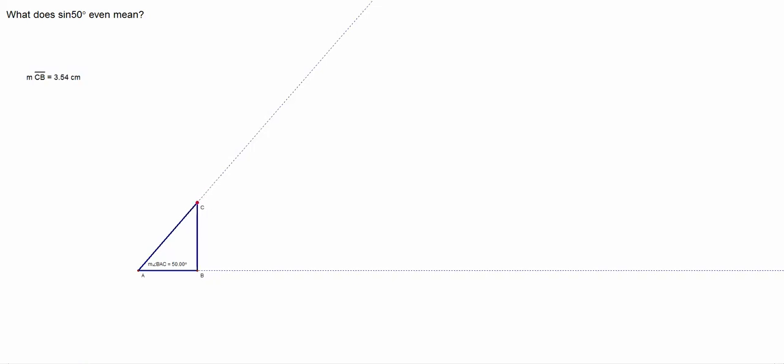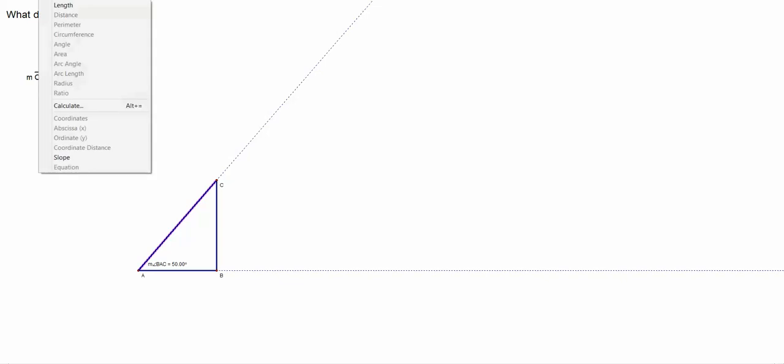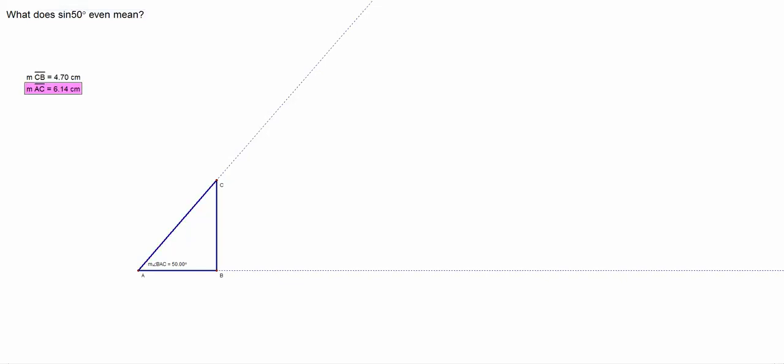As I drag that, you'll see it changes, depending on how I drag this triangle out. And I'm going to do the same thing for this side, the hypotenuse, AC. Measure length. Okay, so 6.14, and as I change this, those measurements change.